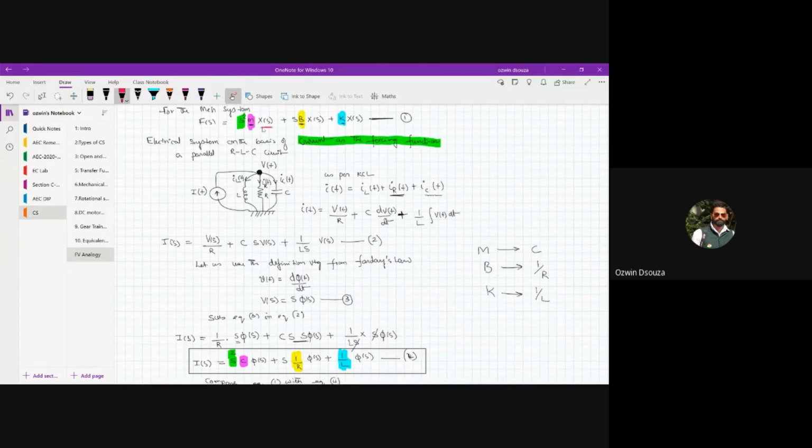In your mechanical system, the signal was the displacement, X of s. On the other hand, in your electrical system, the signal value is phi of s, or the flux. So in place of X, the linear displacement, you have the signal as flux phi. And finally, in place of force F, you have current I. So the counterpart of force is current. That's the reason it is called the F-I analogy.